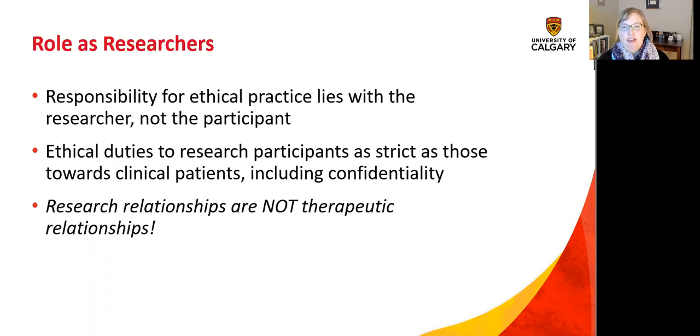It's important to recognize that the duties that you have towards research participants are as strict, if not more strict, than those you have towards patients. So confidentiality is extremely important, and you have to safeguard everything that pertains to those participants. Also, for most researchers, there's no medical records department or HR department.